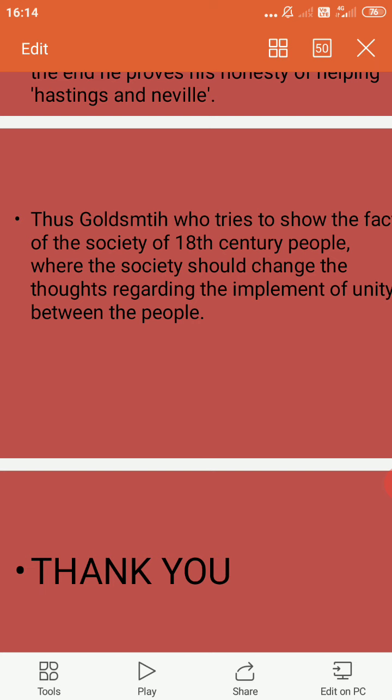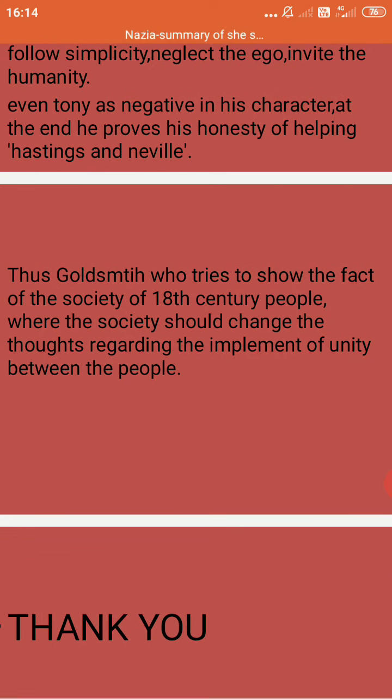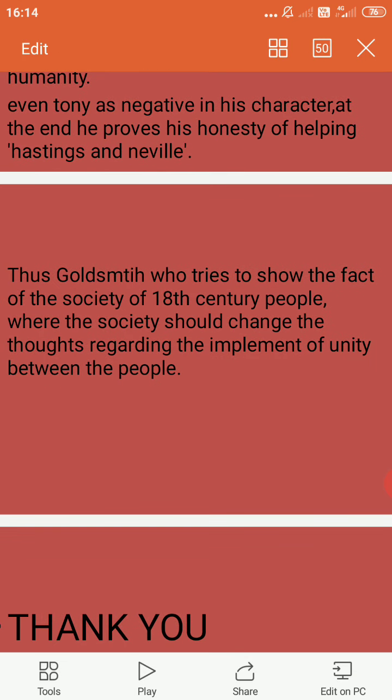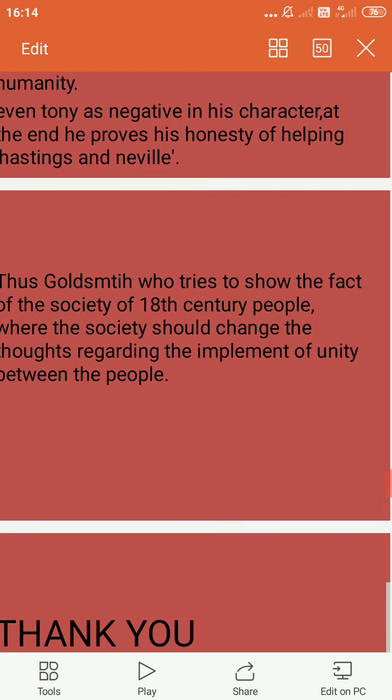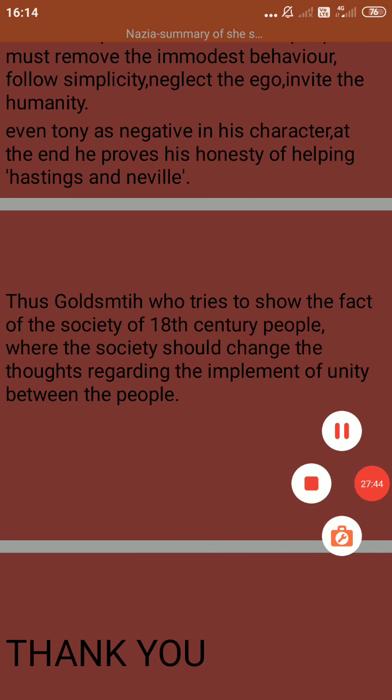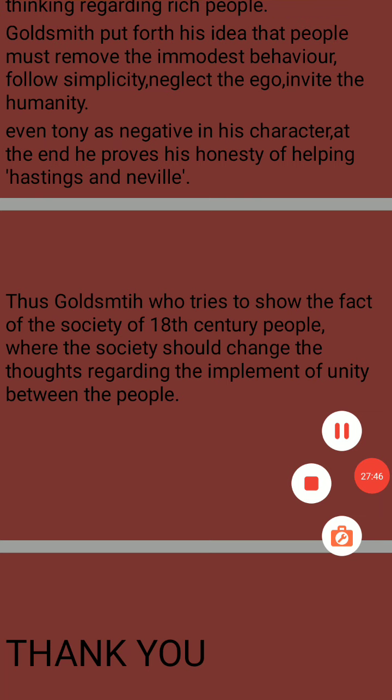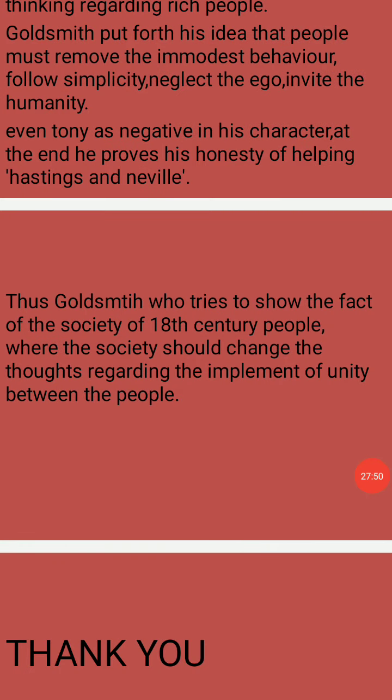And now I told you in a small way a summary of She Stoops to Conquer. So finally the drama ends. Now you go through the drama and understand the important points in it.